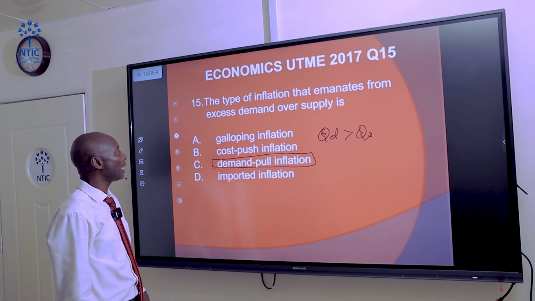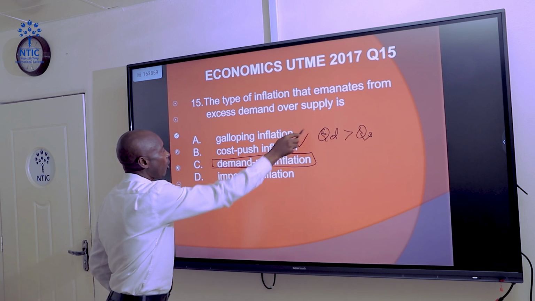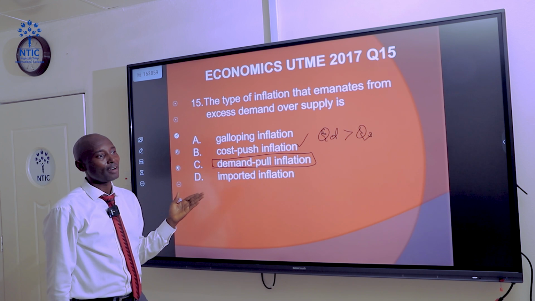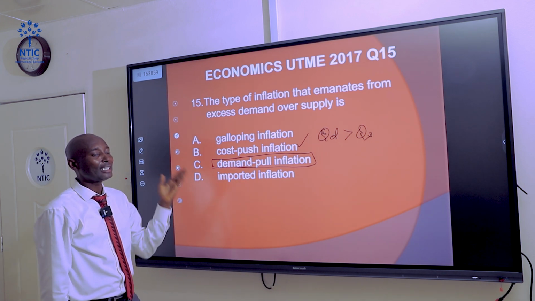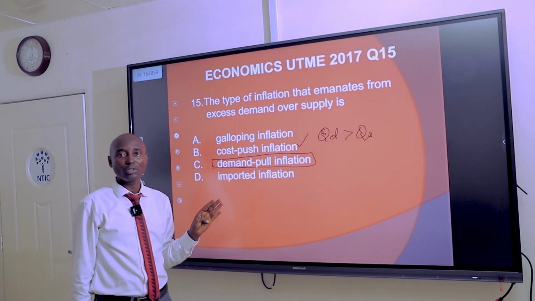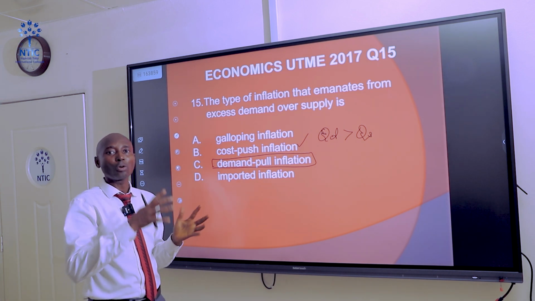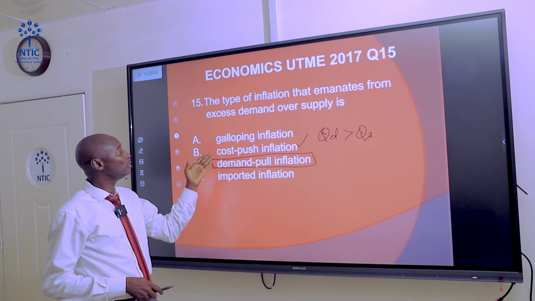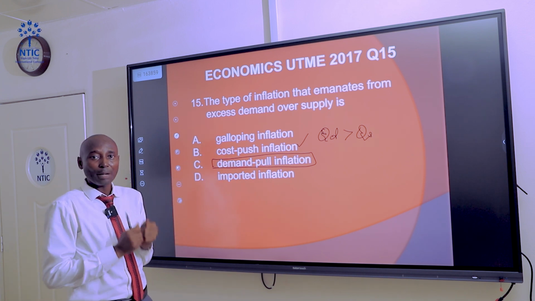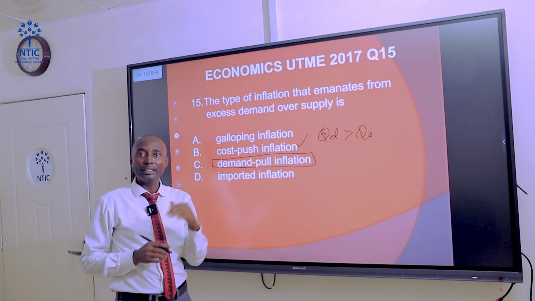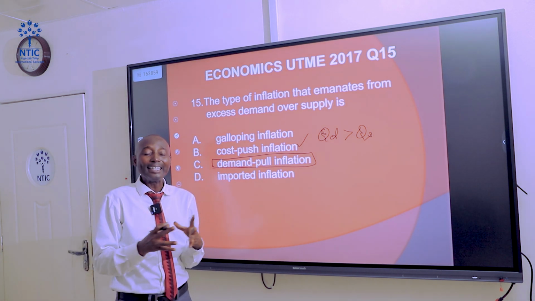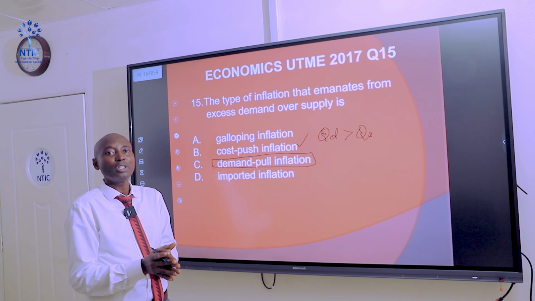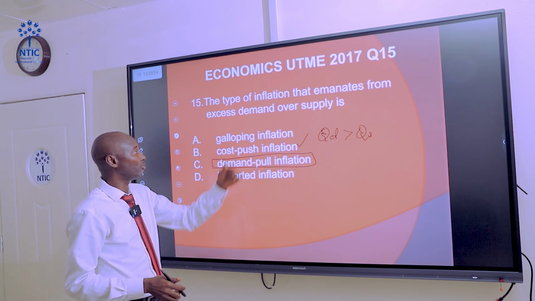But there is another one that I want you to know, which is cost push inflation. So when the wages increase to the extent that it adjusts the scale of production and it builds into higher cost that triggers into high prices, then you say you have cost push, because that type of inflation is caused by increase in the wages, which built up the production cost and invariably passed to the consumer and triggered inflation.